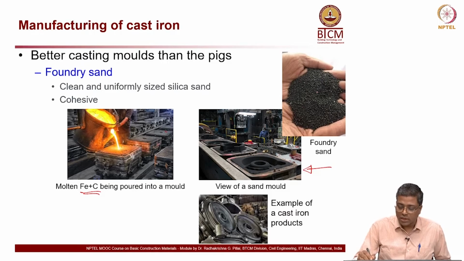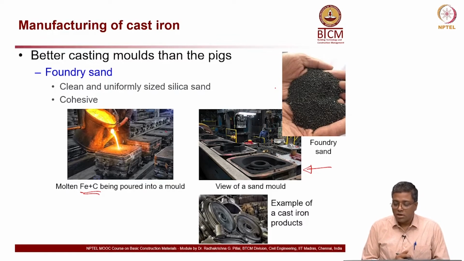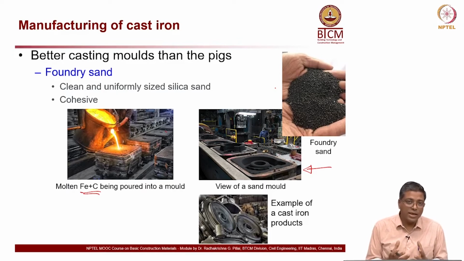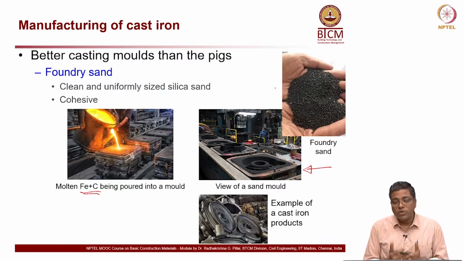made out of foundry sand. Okay. This is the foundry sand you see in the top right image, the foundry sand which is clean, that means there are no clay particles in it, and it is uniformly sized, or of uniform gradation, and silica sand typically.